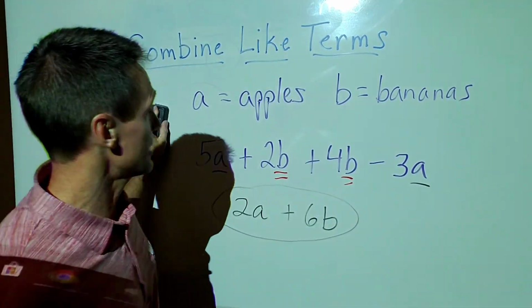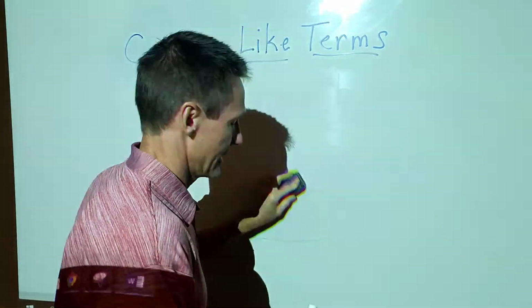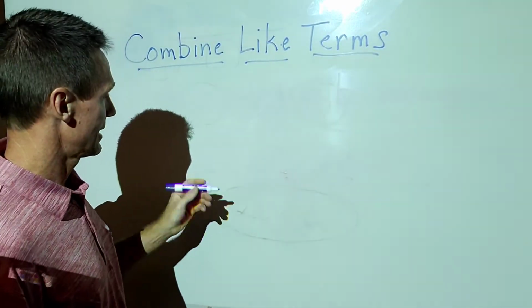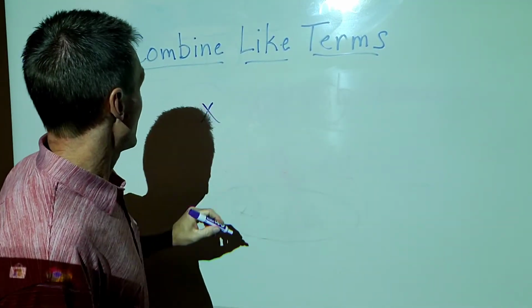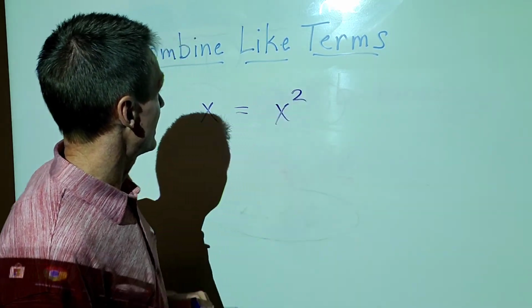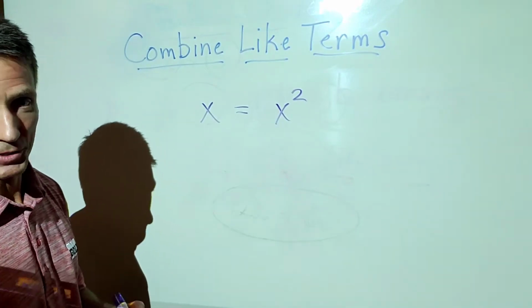So let's talk about another example. Let's go ahead and step it up a little bit. So let's talk about x's. This statement right here, x equals x squared, true or false?